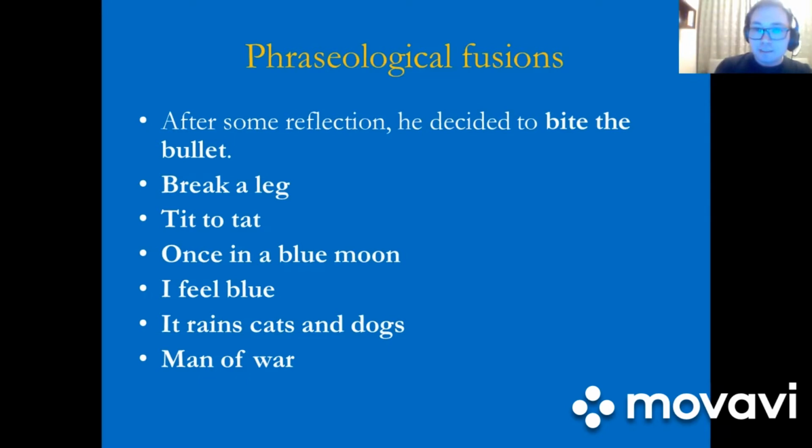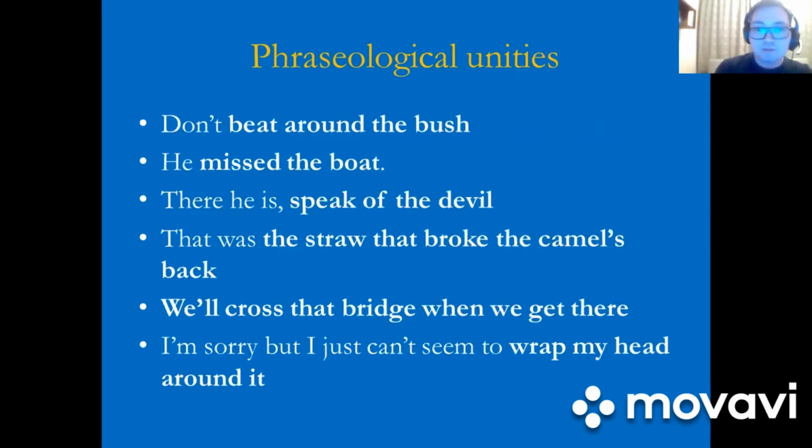So let's consider the other type of phraseological units, phraseological unities. As we have said before, phraseological unities represent phraseological units that have only phraseological meaning, but this meaning can be derived from the meanings of the inner components.